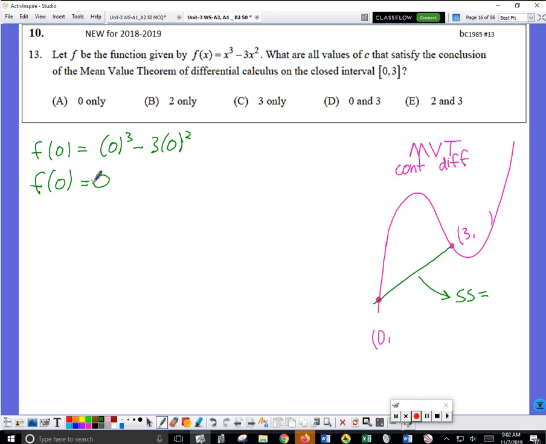So we have this y coordinate. We'll find the other one, f of 3. Oh, they were very kind there. Made the math easy. Also 0.